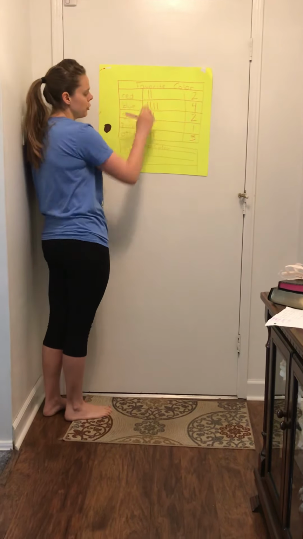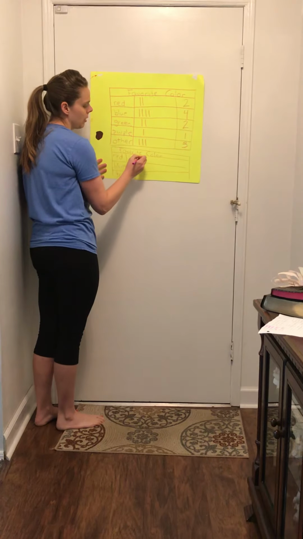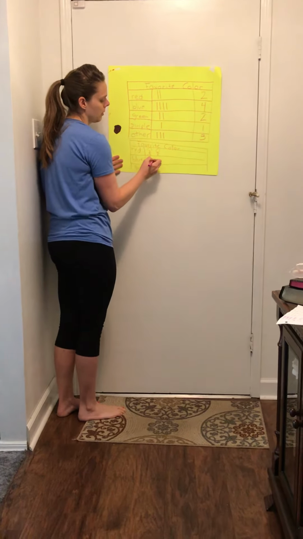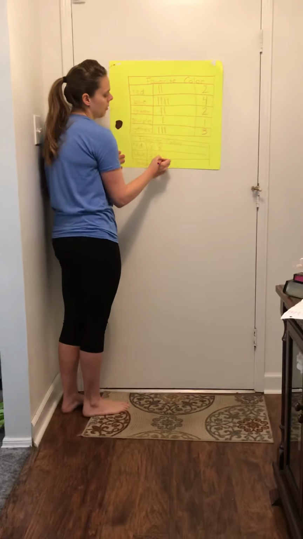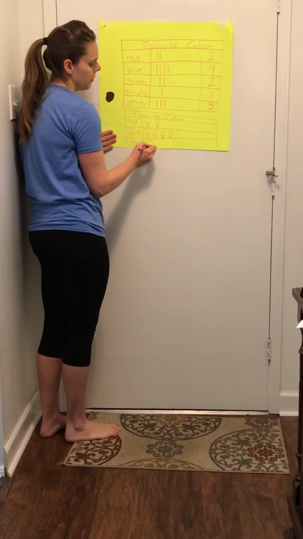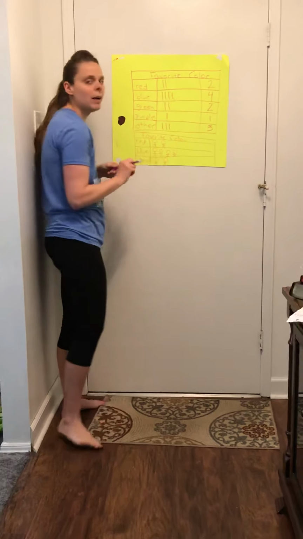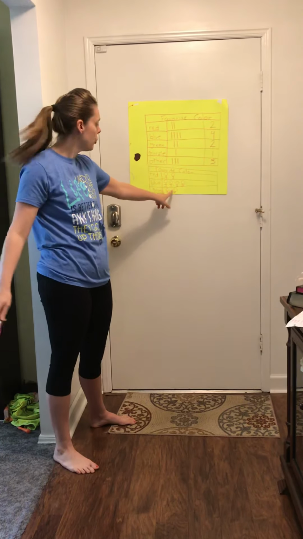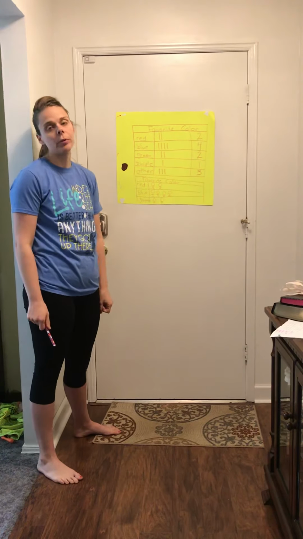So I might say that 2 people picked red, or 4 people picked blue. 2 people picked green. But you know what? It gives us the same information. We can still see that 2 more people are on blue than green.